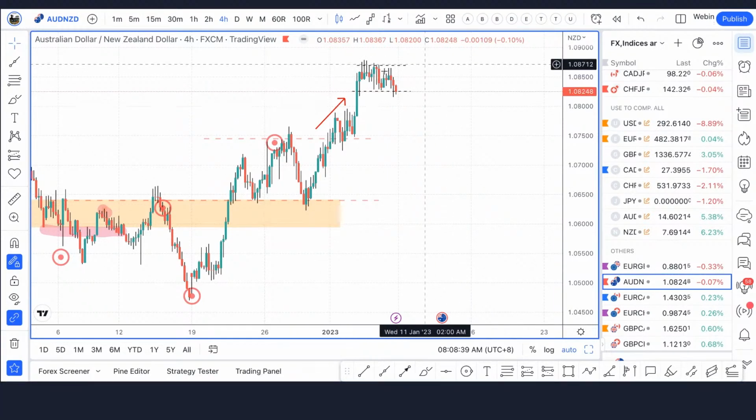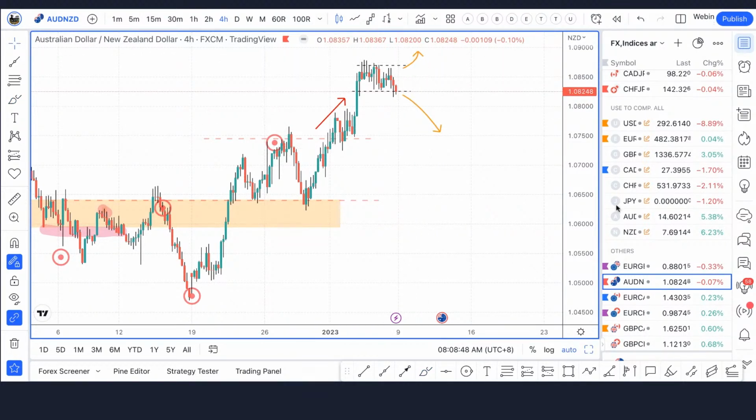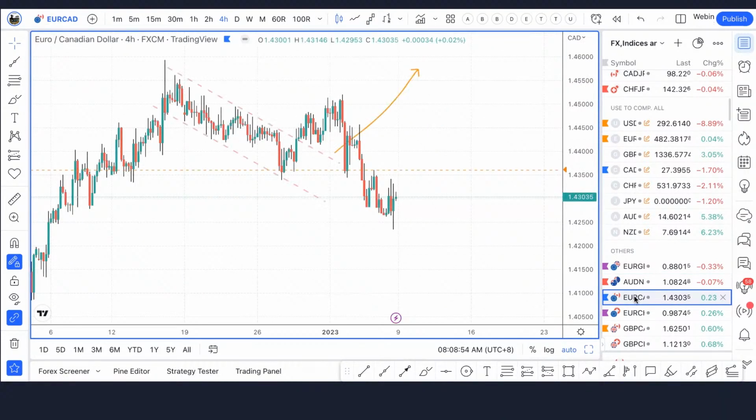So this is my analysis: it is either going to go up, or it might correct further downwards. Nobody knows for sure what will happen, but we need to anticipate the movement from the market so that we can be a better trader, not having too strong a bias that for sure this thing is going to go down, or for sure it is going to go up.